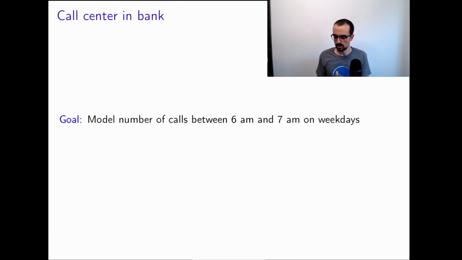So we want to know what's the probability of receiving different numbers of calls between 6 a.m. and 7 a.m. on weekdays. Okay, that's our task. We can represent that by a discrete random variable. What's the PMF of the random variable that represents the number of calls between 6 a.m. and 7 a.m. on weekdays?